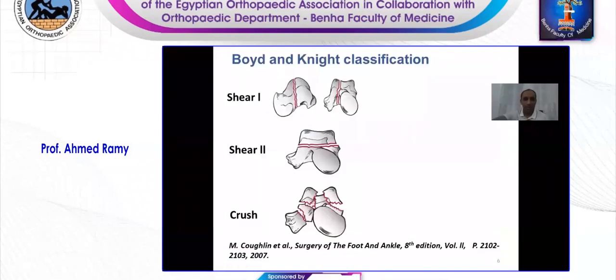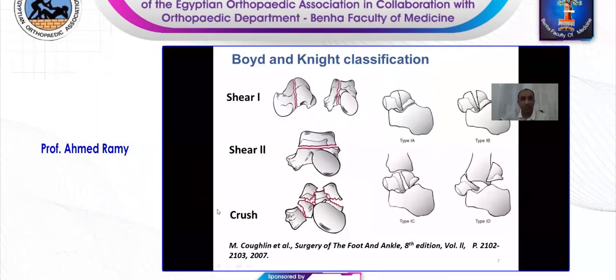When we revise the classification of the talar body fractures, as mentioned in Coltori, it's divided into three main groups. Type 1, where we can see a vertical fracture, either in the coronal or the sagittal plane, and type 2, which is also a linear fracture but in the transverse plane, and the third type, which is crush fractures.